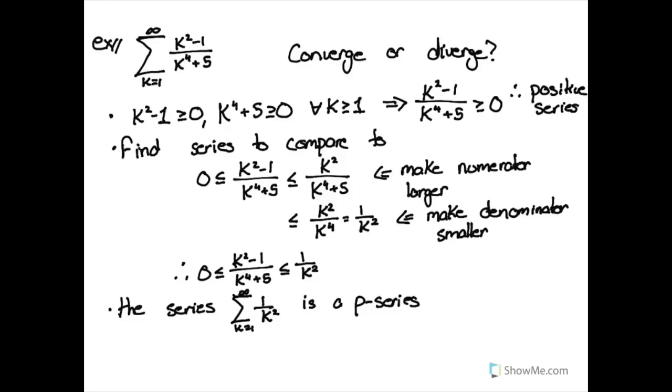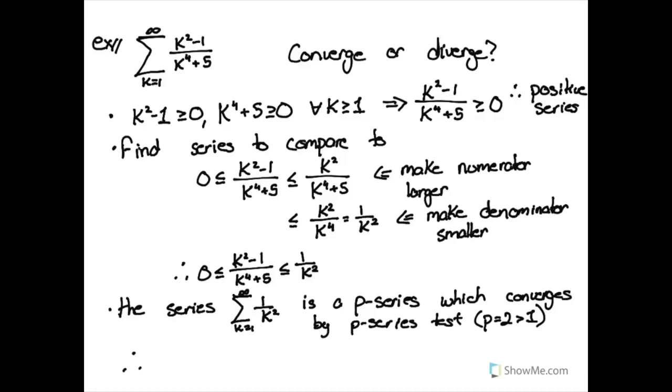In this case, p is 2. So it's a p series which converges by p series test, since p equals 2 is greater than 1. Right? So therefore, since this larger series converges, by the comparison test our original series converges.